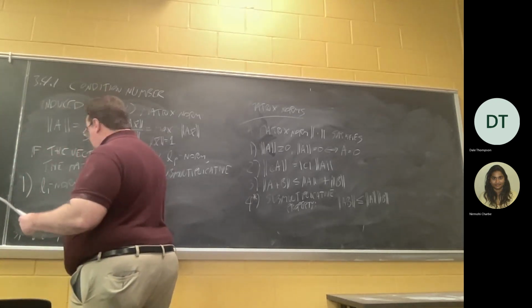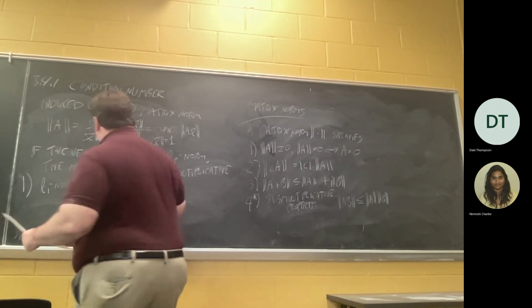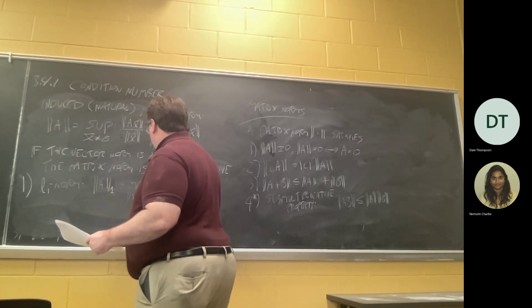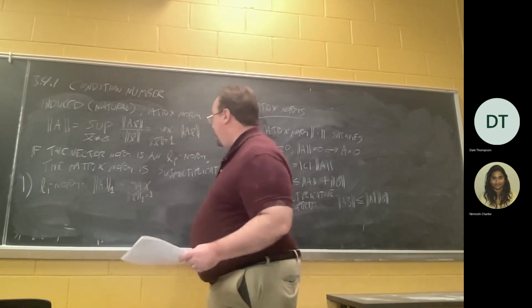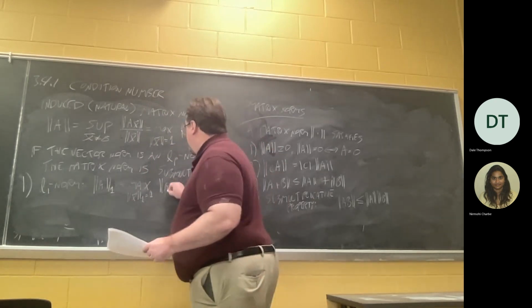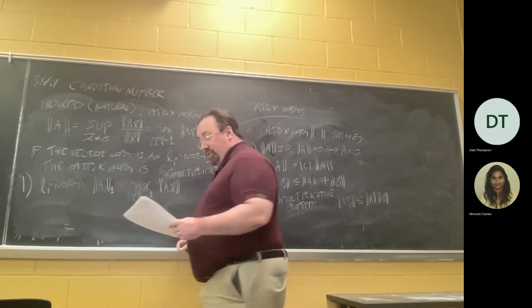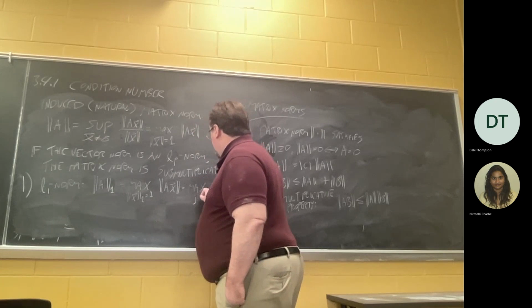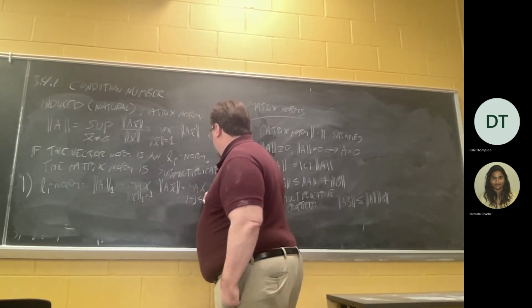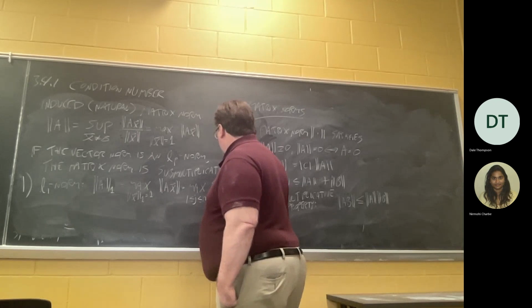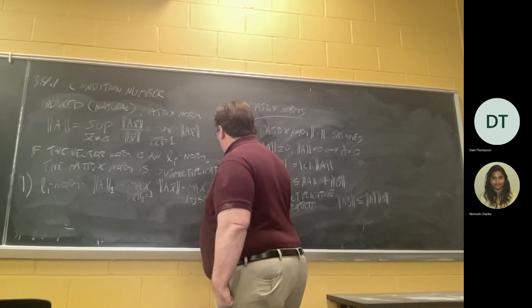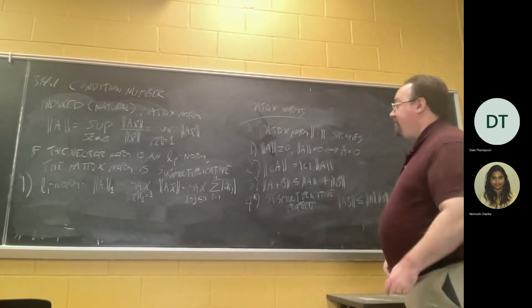The one norm of a matrix A is defined as the maximum over all vectors whose one norm is equal to 1, so the sum of the absolute values of the components is 1, of A times X. It turns out to be equal to the maximum over all columns of the sum of the absolute values of all the entries in that column.